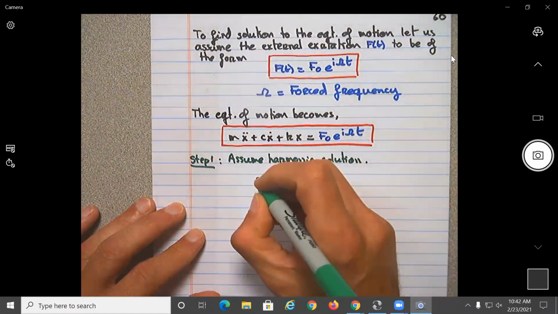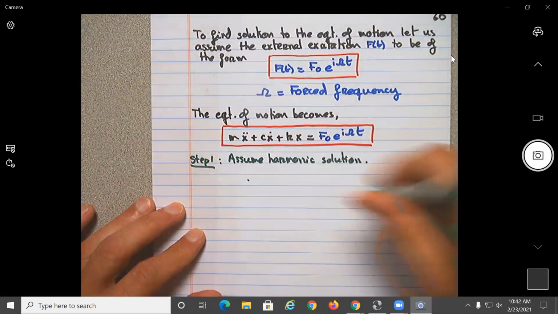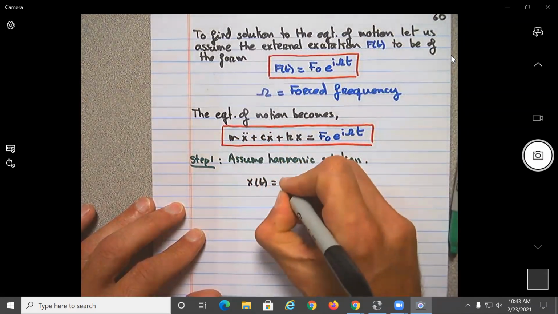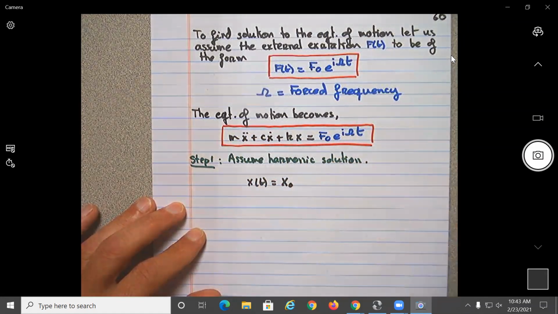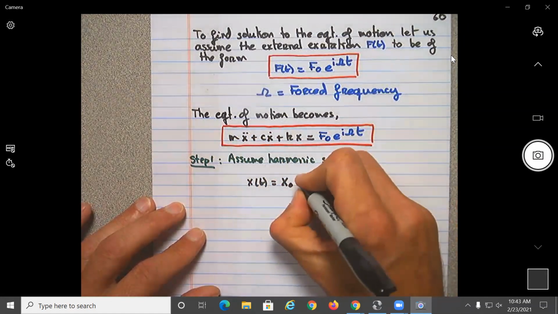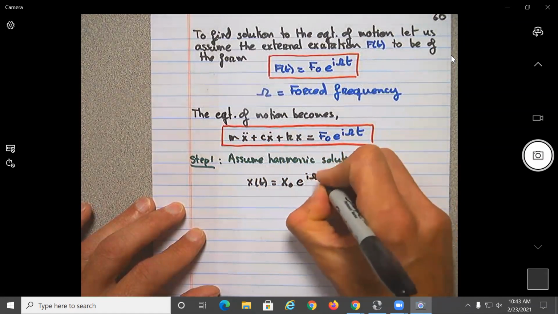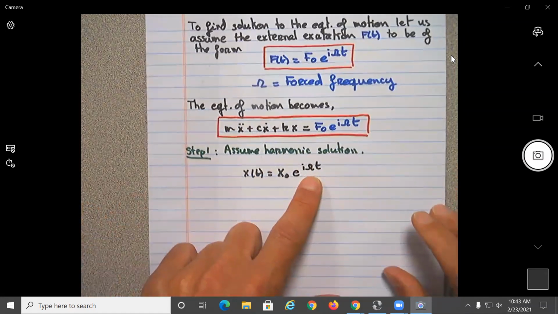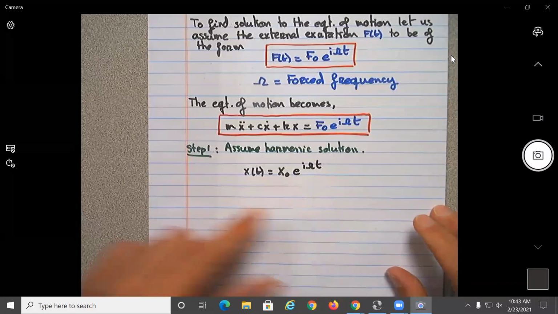So x of t would be x sub naught e to the I omega t. You see, it's in function of the force frequency, not anymore the lambda, which is equivalent to the omega sub n.